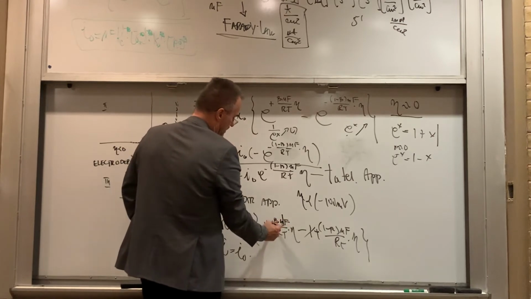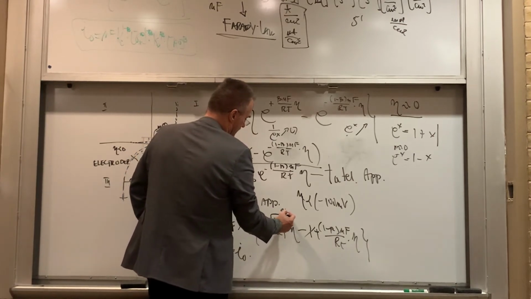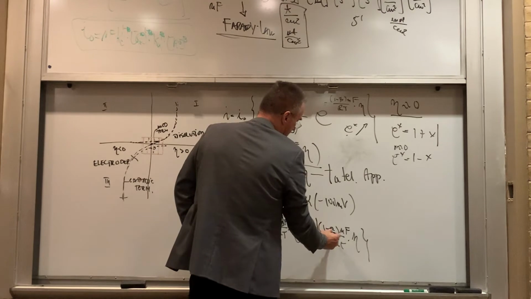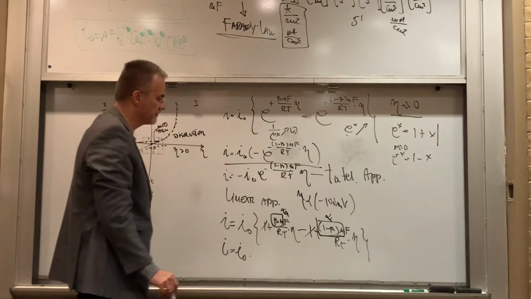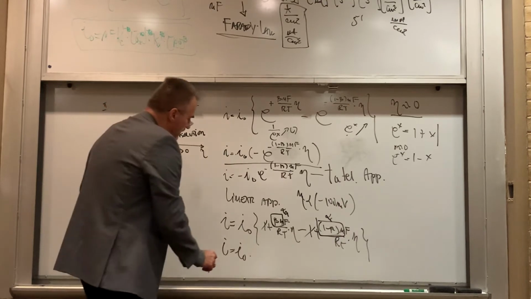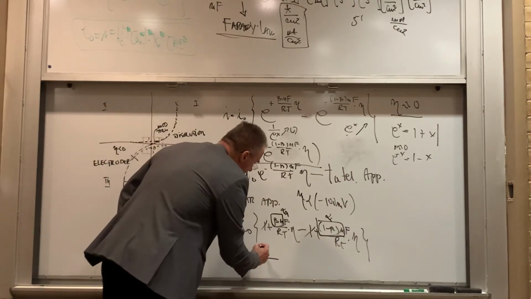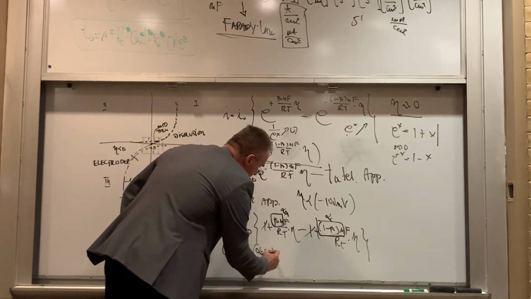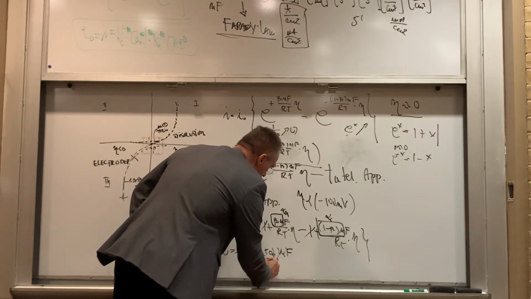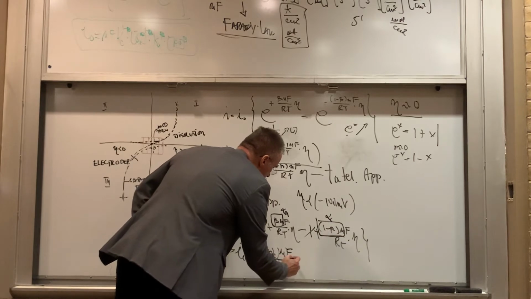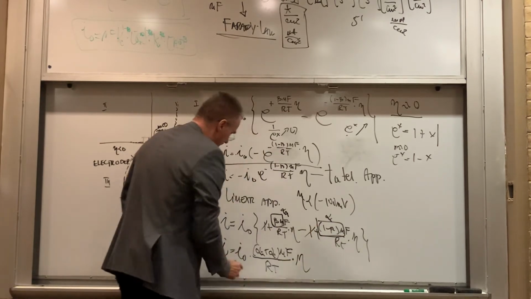This term here is alpha A, and this term here is alpha C, right? And what we end up with is I naught times alpha A plus alpha C, F over RT, times eta, okay?